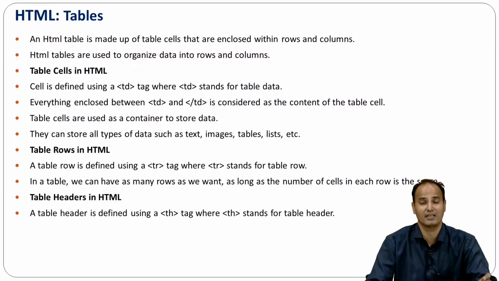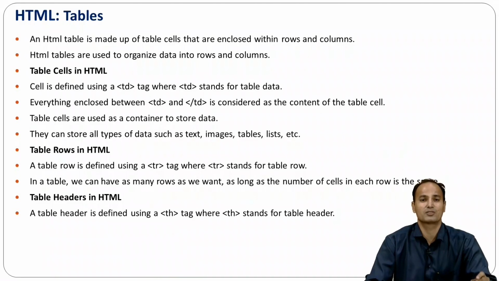Table cells in HTML contain data, and these cells are very important, as sometimes we need cells to be highlighted for specifying a particular value through the background color or the foreground color, or sometimes we need to club such cells. A cell is defined using the TD tag, where TD stands for table data.